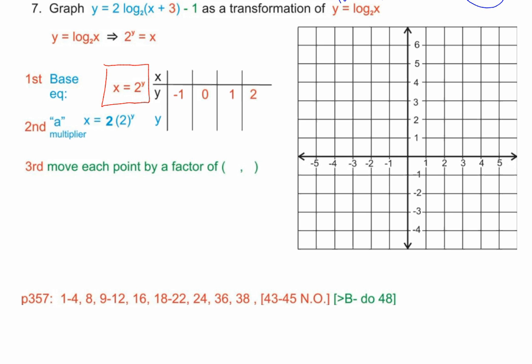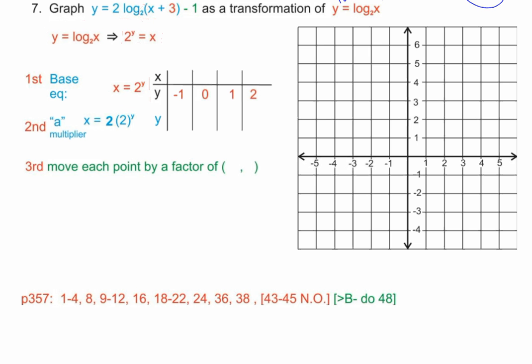So I'm taking its base 2. If I just take y equals log of x in base 2, I'm going to convert that to exponent form. That's the first thing I need to graph.